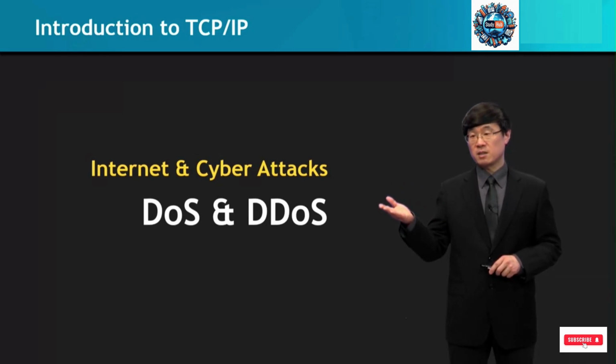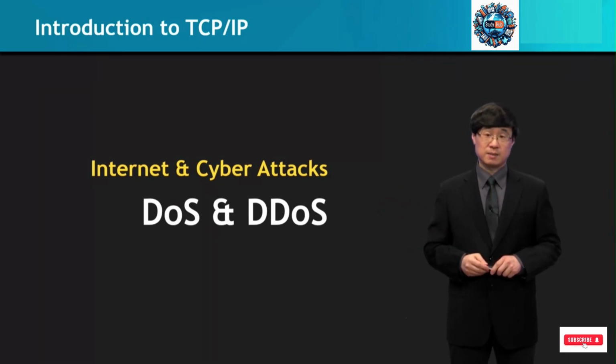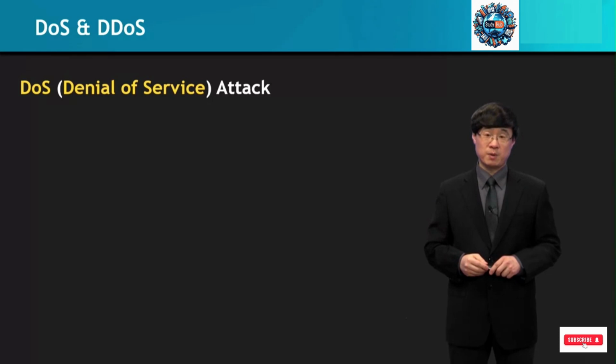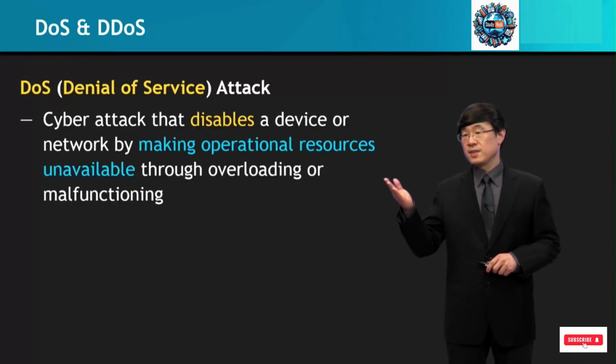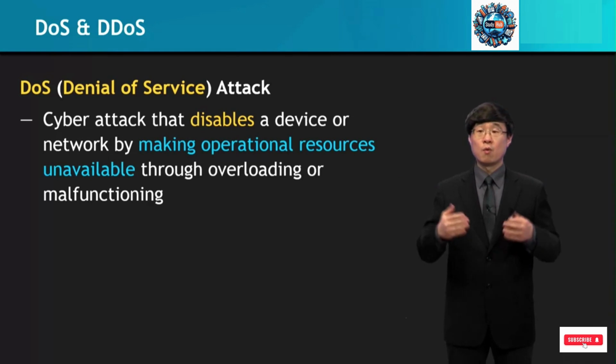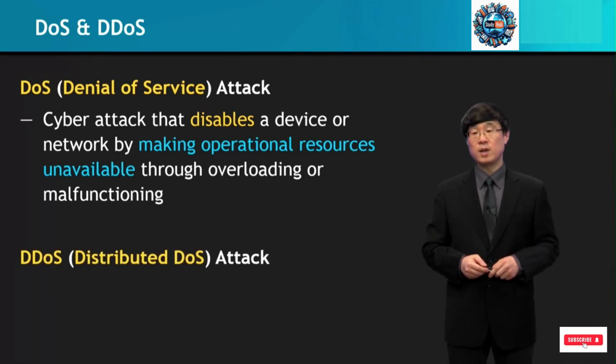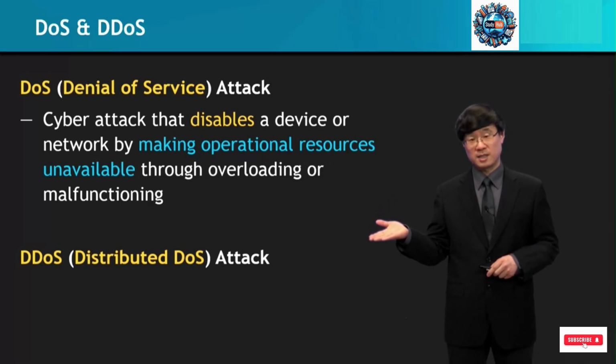Next, we're going to study DoS and DDoS attacks. Here, DoS stands for denial of service, and this is a very popular type of attack. This is a cyber attack that disables a device or a network by making operational resources unavailable through overloading or malfunctioning. The next one is a distributed DoS attack, which is called a DDoS attack.